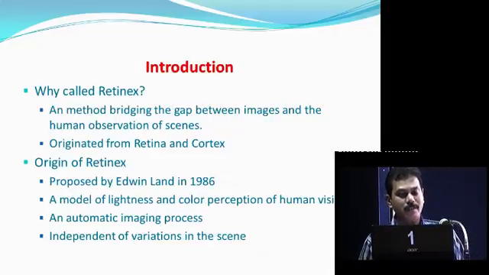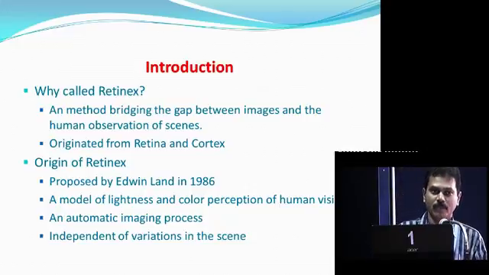Regarding the algorithm, whenever we see an image, it is not captured exactly by digital cameras. Digital cameras suffer from many aspects, such as dynamic range compression.